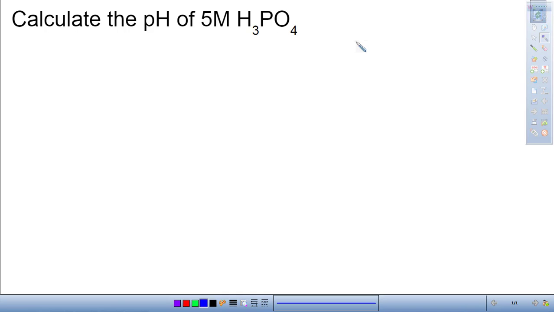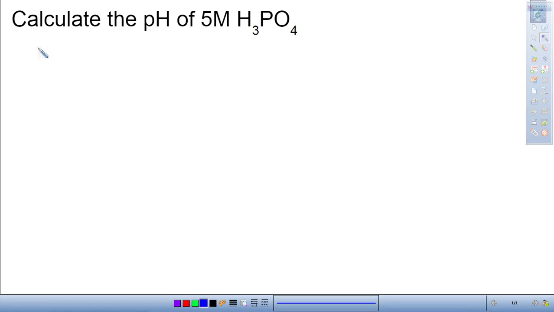This is a polyprotic acid. Poly, many; protic, protons. So this has more than one proton, and it's going to dissociate in multiple steps.